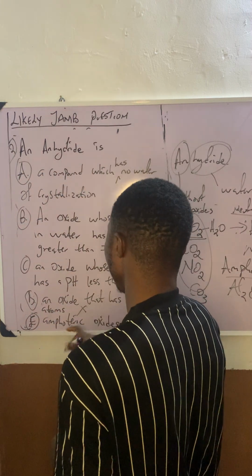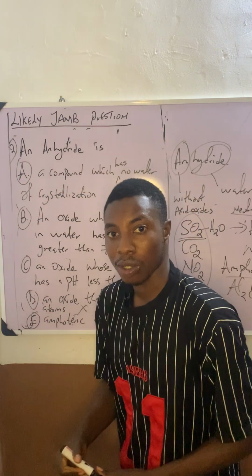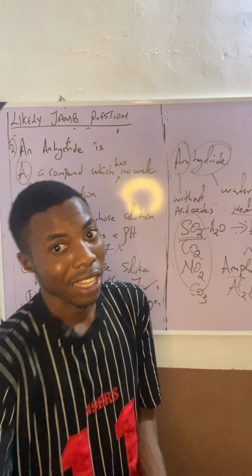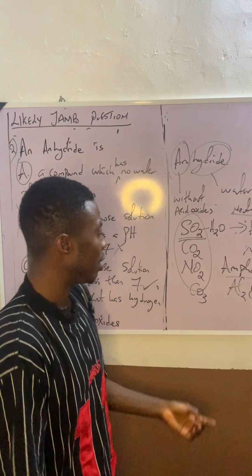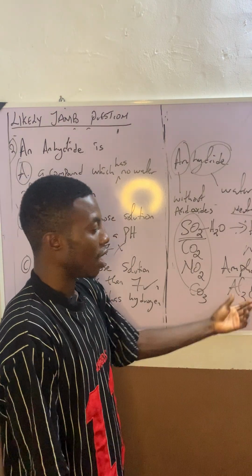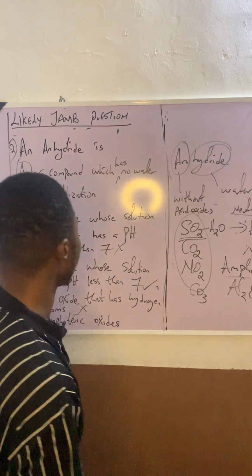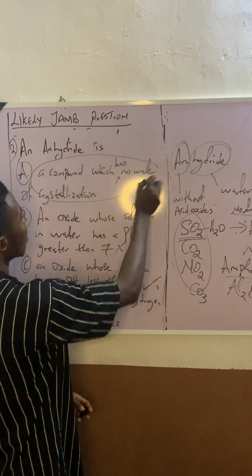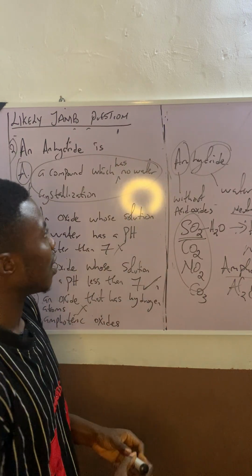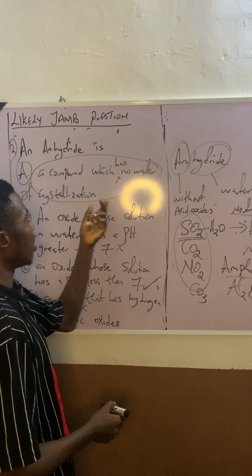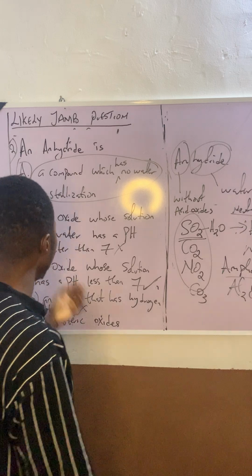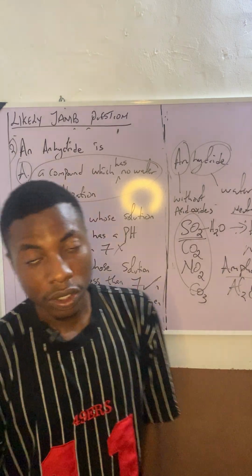So this is out. Amphoteric oxide: I've actually explained amphoteric oxide. I said amphoteric oxide is an oxide that can react with acid and what? Acid and base. And I gave you an example of that. So our answer here is going to be what? People will be asking, why is this one not the answer? The major reason is that first, it does not have this, but the one that suits the answer we are looking for is your C. Do you understand now? It's your C.